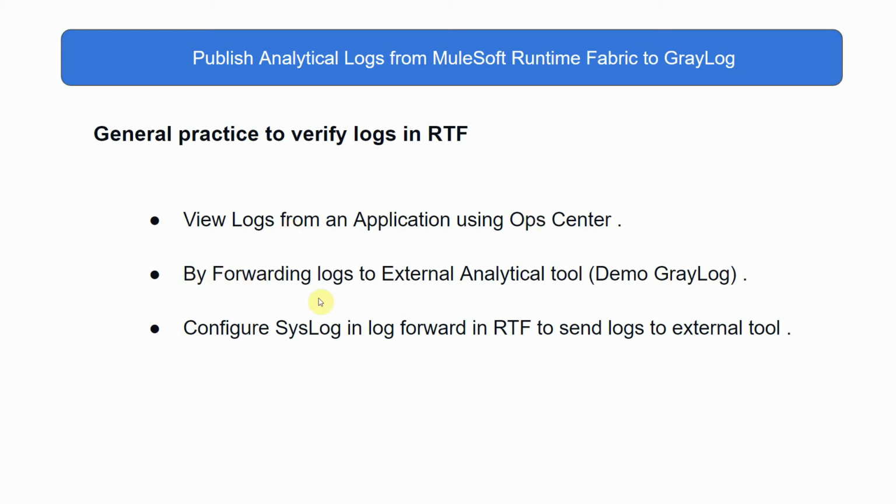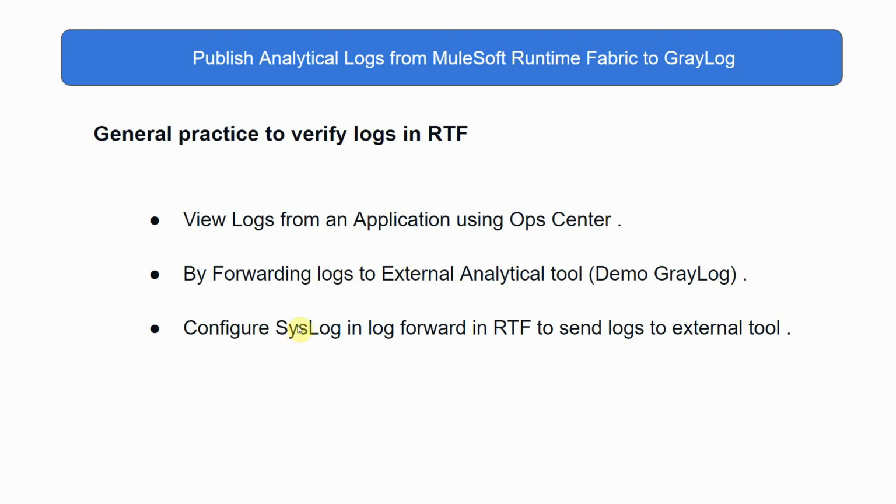We can forward the logs of the Mule application or the ingress to an external tool, where we can monitor RTF-related information, such as the process happening or the execution jobs being executed. That can be monitored with the help of the log forwarding capability in RTF.